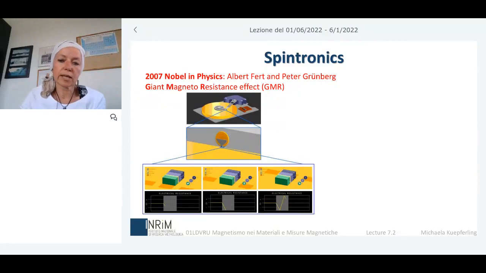As I also said in my introduction in the first lecture, this is the read head sensor of the hard disk.